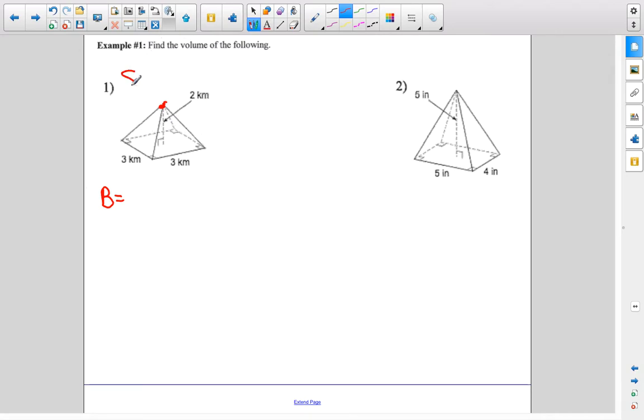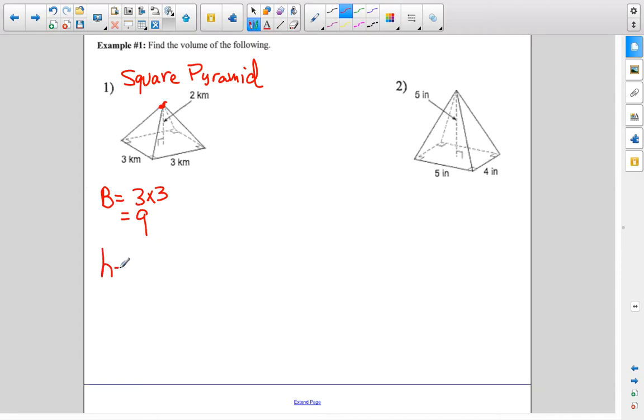Let's just name it up here. A square pyramid, named by its base. So the base is this square, the 3x3. So 3 times 3 is how I find the area of a square. So that equals 9.